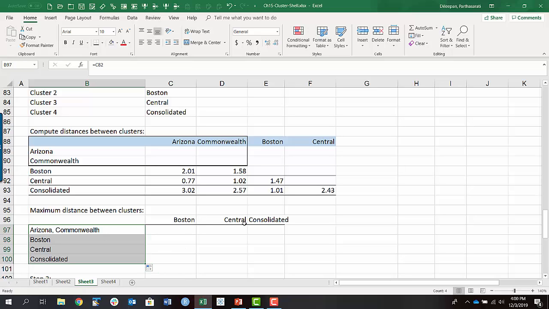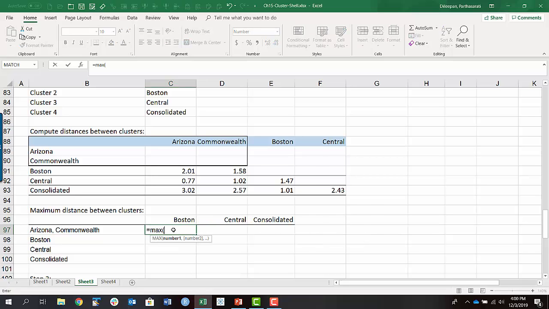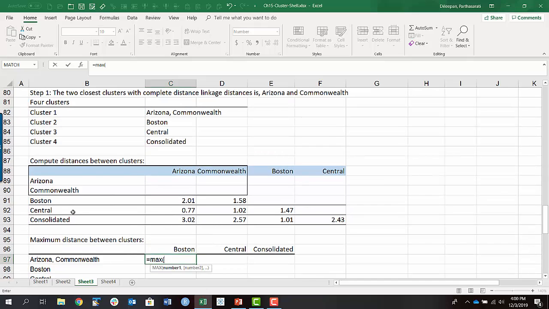Now we have Boston, Central, and Consolidated as the 3 clusters with just one observation, and then we have Arizona and Commonwealth. So let's now compute the complete linkage distance. Complete linkage distance is maximum between Boston and the two observations in the first cluster.